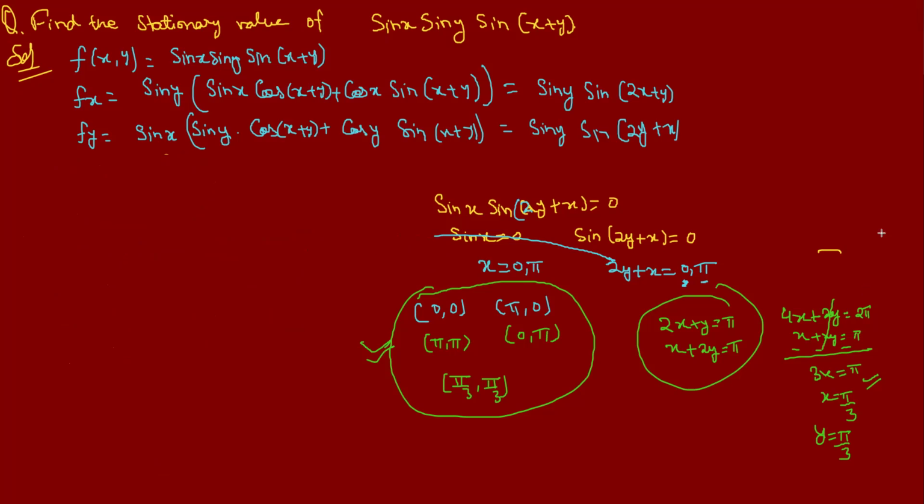See, f double x. When you differentiate with respect to x, sin y is constant, right? No need to expand. Okay. You will get 2 cos(2x plus y), that's it. Okay.